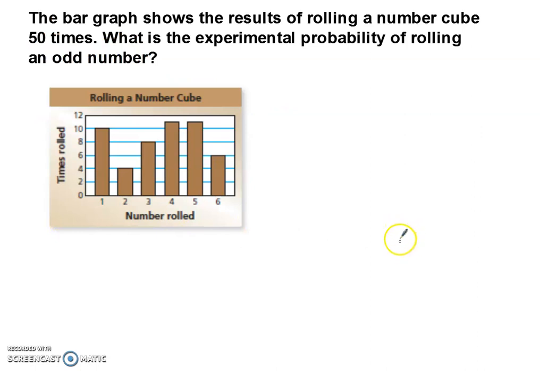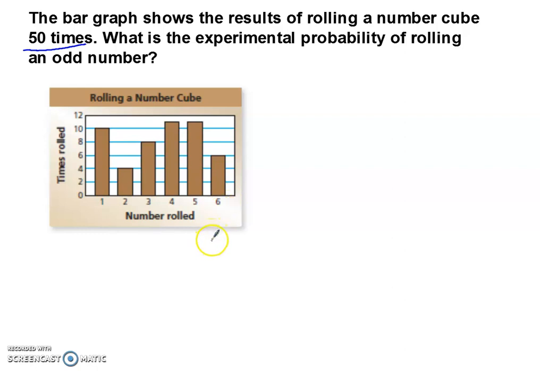Now this is printed in your notes, but it doesn't tell you how many times they rolled the number cube, but it says it right here. So somebody, not us, sat there and rolled a number cube 50 times and recorded the results in this table. It says, what is the experimental probability of rolling an odd number?